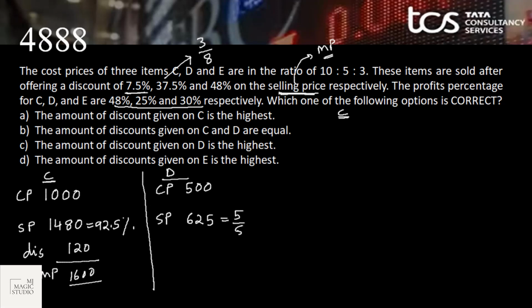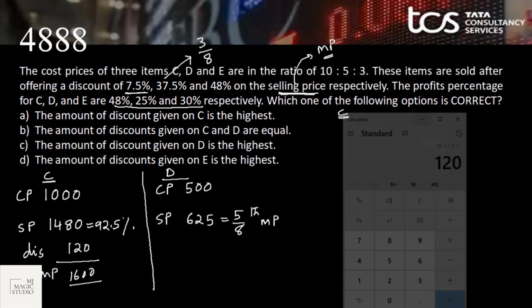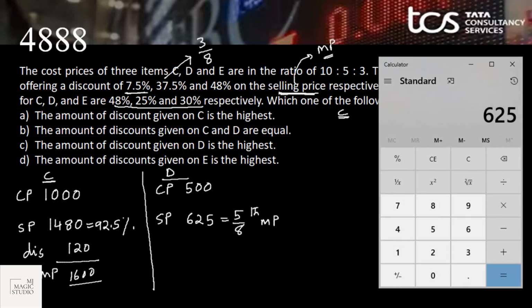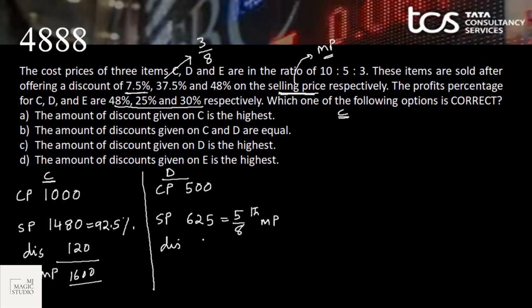Then this is 5/8 of marked price. If this is 5/8, how much is 3/8? So let us first find 625 into 8 by 5 is our marked price, and then discount is into 3 by 8. So discount is 375 in this case, and here the marked price is 1000.